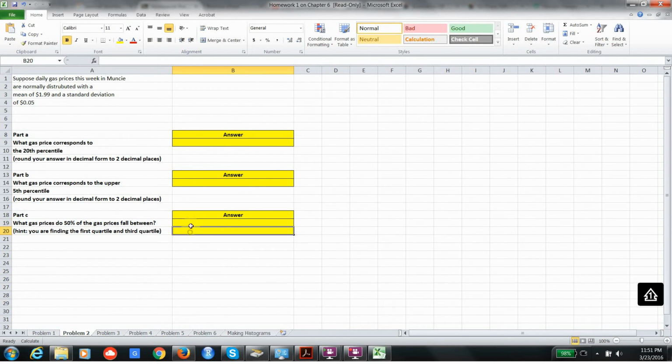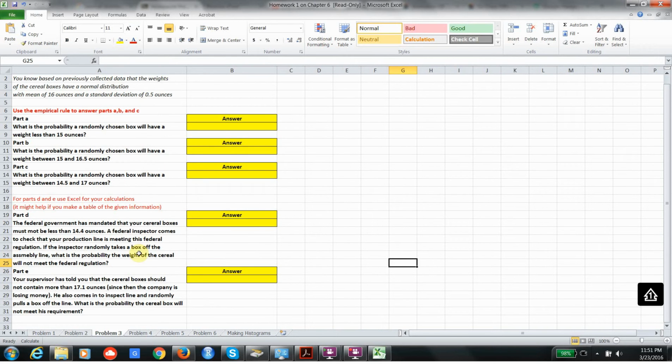So you're actually going to have two answers here. Okay, this will be the first quartile. This will be the third quartile. Okay, and these will be the values that 50% of the data values will fall between. Even though I'm not going to grade you on this, it's not a bad thing to make pictures, like we did in class, and try to understand what's going on here. I think it'll really help you a lot.